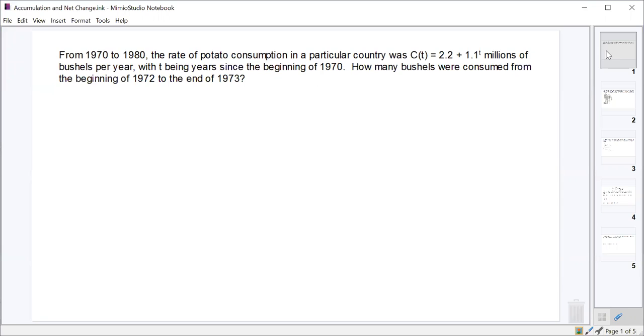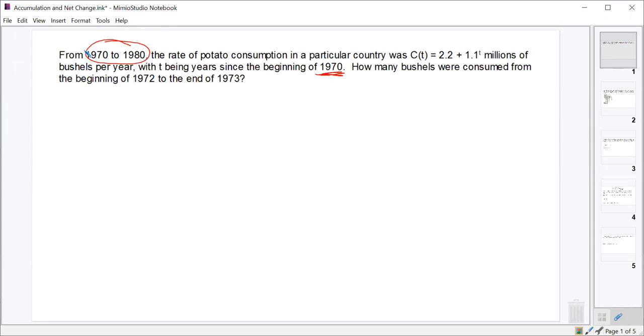So this is what we call an accumulator function, where it tells us how many of something was consumed or used or flowed into something or evaporated from, starting at a certain time, going however far we feel like going into the future.